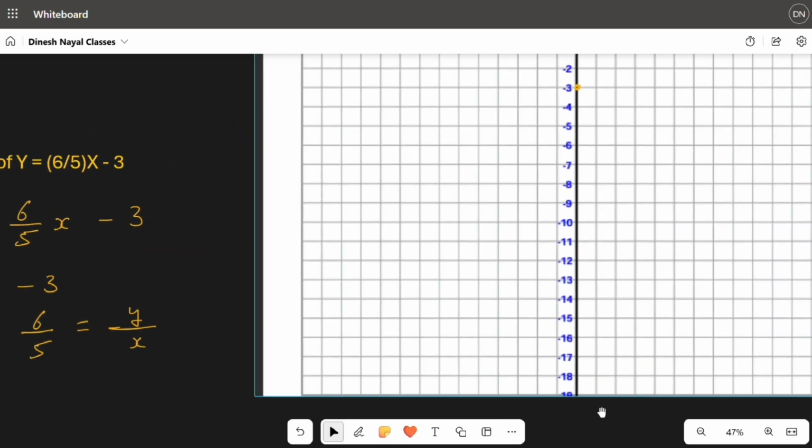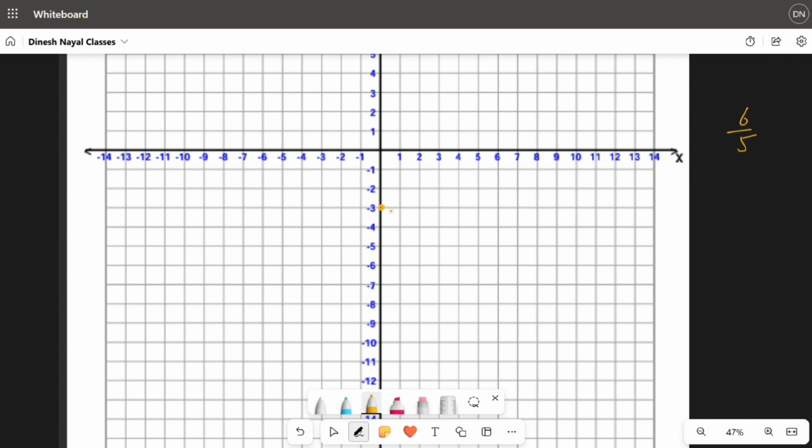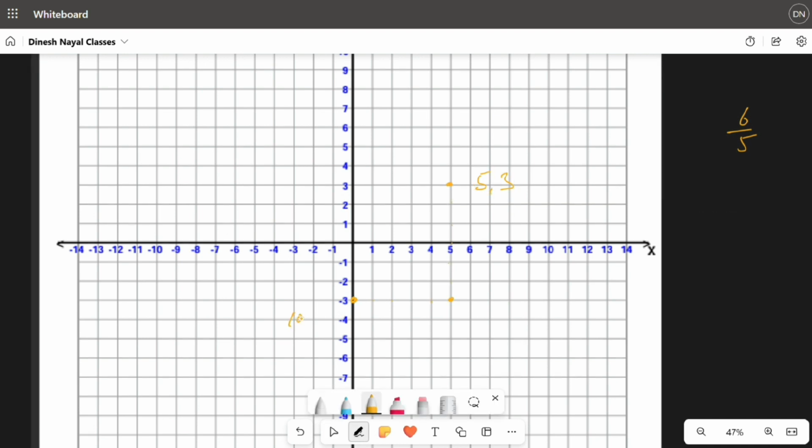So 5 steps towards right, 1 2 3 4 5, and then 6 steps, positive means 6 steps up, 1 2 3 4 5 6. And the point is, as you can see, 5 comma 3, and this one is 0 comma minus 3.